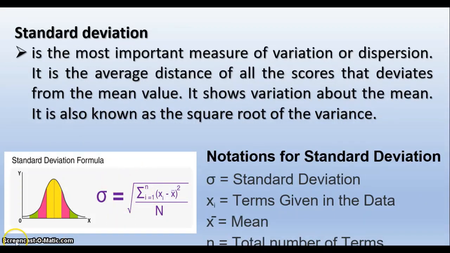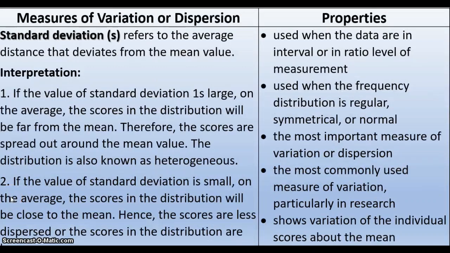It is the most important measure of variation or dispersion, and the most commonly used measure of variation, particularly in research. And it shows variation of the individual scores about the mean.